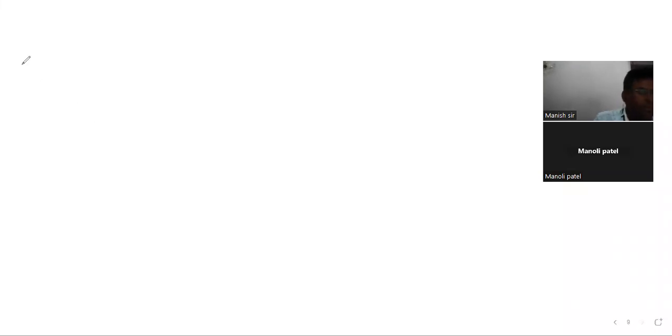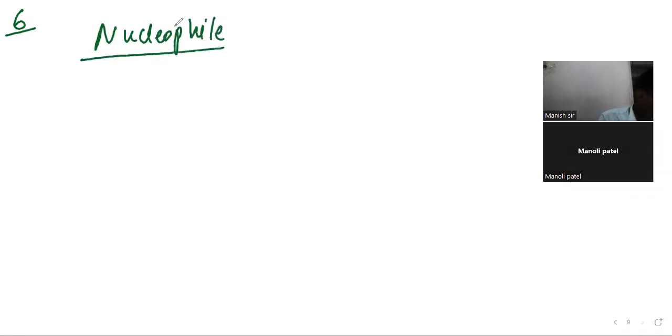Now see question number 6. Which of the following statements is not correct for the nucleophile? Look at the sixth one. Nucleophiles are electron-rich species, which have a greater number of electrons.